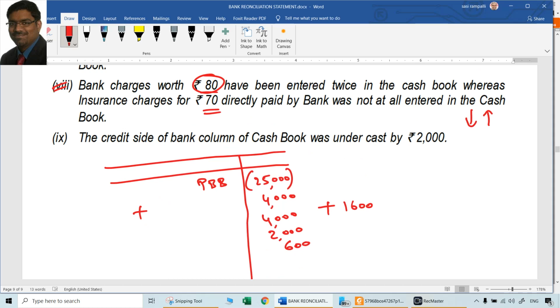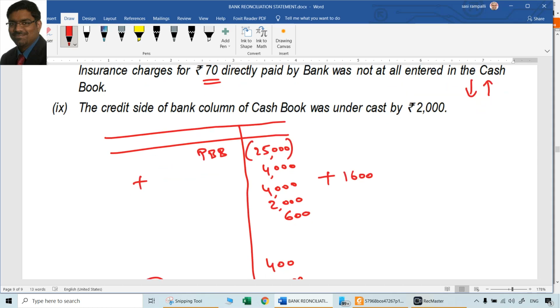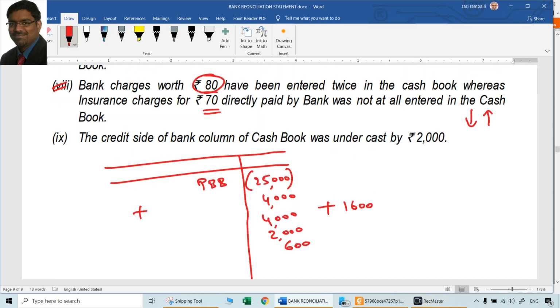That is why we cannot rectify this. We have to just show it in the BRS. So 80 rupees twice entered in the credit side of cash book, because of which the cash book balance would have been lower by 80 rupees, and obviously passbook balance would have been higher by 80 rupees when compared with cash book. So once it is already higher, we have to just deduct that. That's what we did, 80 rupees less.